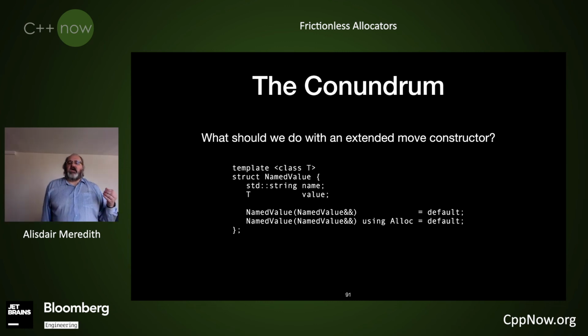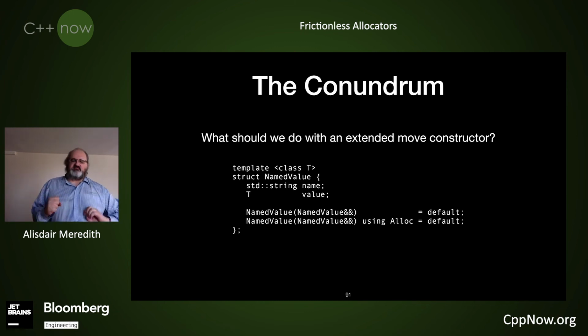I've got a separate question I want to address first. The big question that hurts us is, could we find a general pattern for the implicitly generated, when we default, extended move constructor? The move constructor by default just does member-wise move, and the allocators are going to propagate.